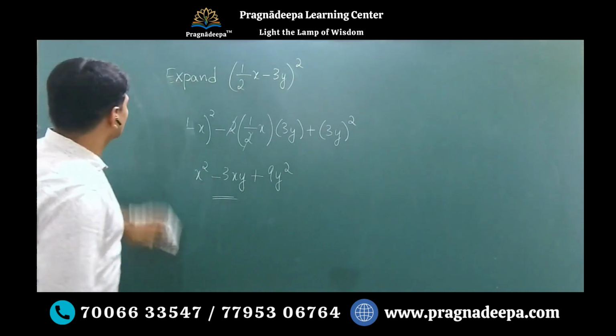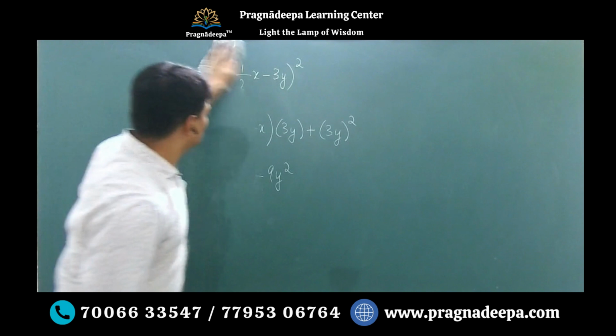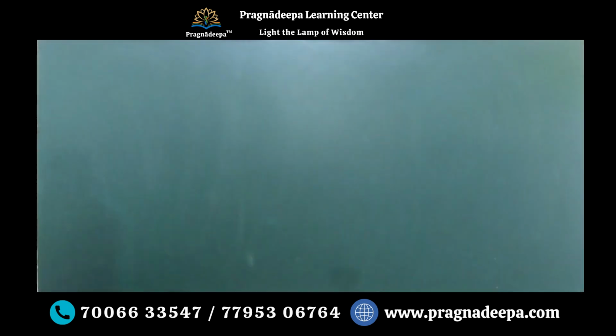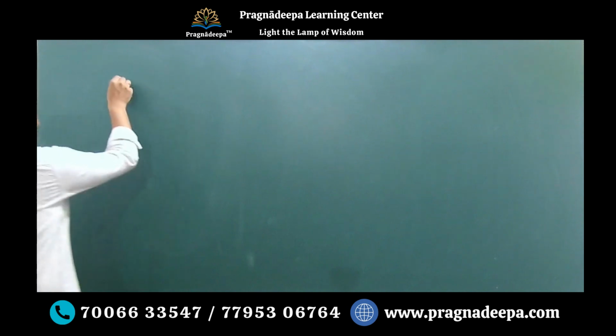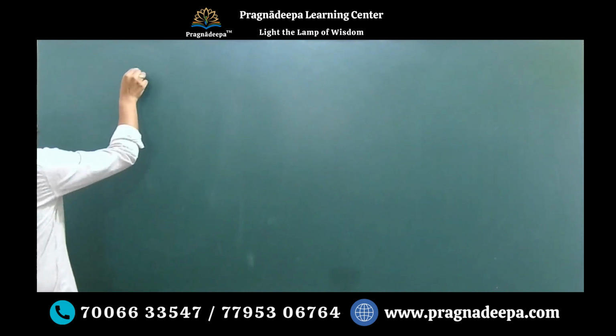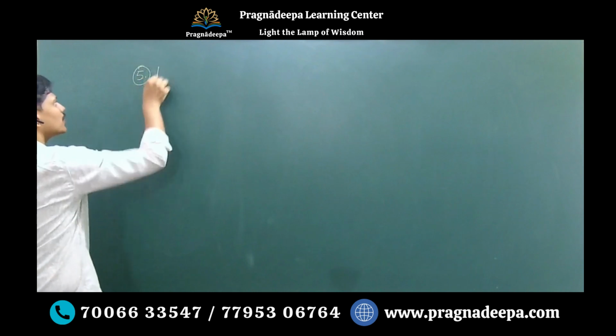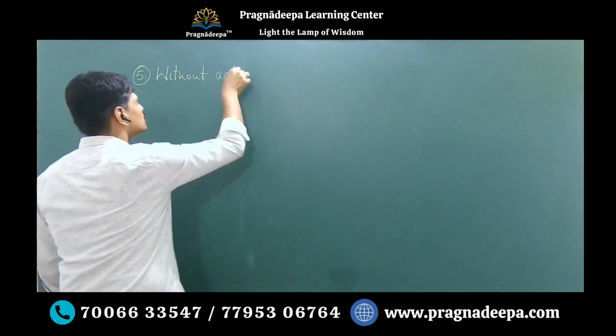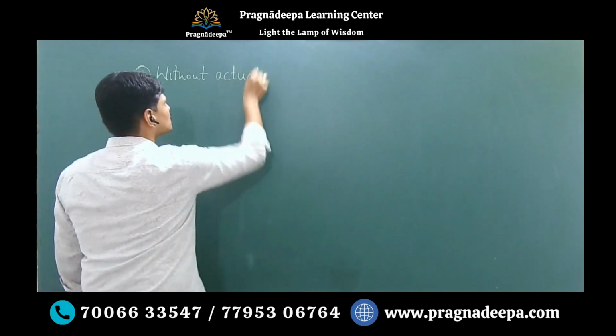The next problem we will try to solve using the other identity that we have seen, that is without actual multiplication. Okay, see, this is important.